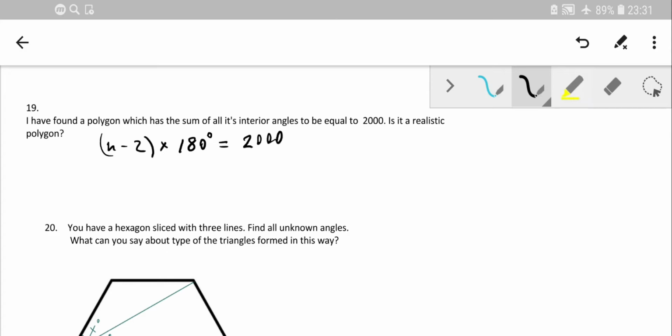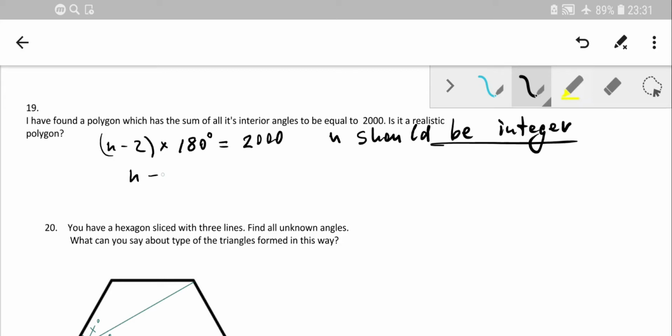To judge about realism, does this polygon exist? Basically, you need to find out n, and n should be an integer, right? Because a realistic polygon should have an integer number of sides. So that's why we need to find out n. All right, let's do that.